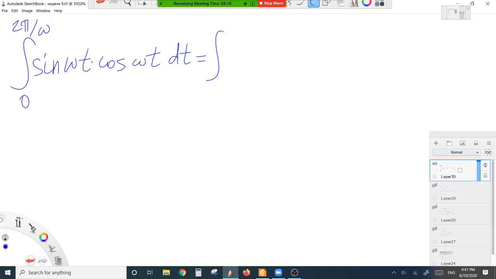Sine omega t multiplied by cosine omega t will be 1 over 2 sine 2 omega t, or sine 2 omega t over 2, from 0 up to 2π over omega.